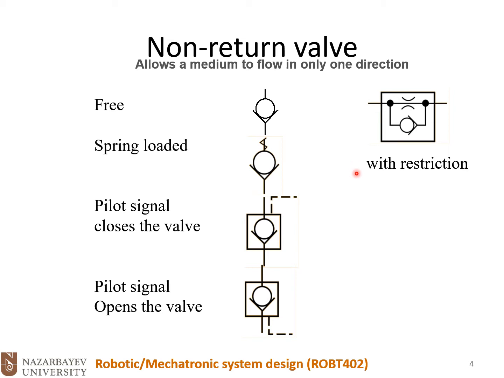Another one is a non-return valve with restriction. On this one, we have two parallel pathways. On one of the pathways, we have a normal free or spring-loaded non-return valve, and on the other pathway we have this throat here that limits the air pathway.